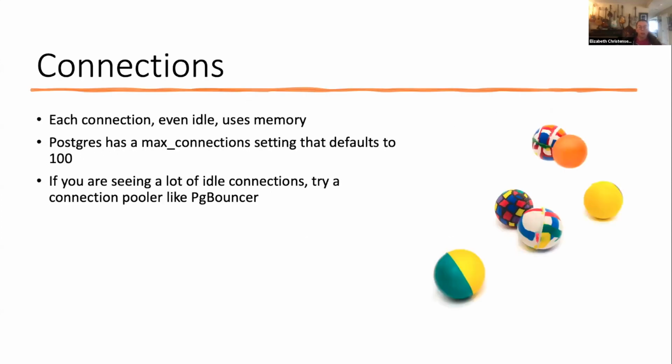I want to talk a little bit about connections. A couple slides back, we looked at that data flow and how things go in and out of Postgres. If you just use Postgres out of the box, each individual connection that comes from your application or from a user uses a connection. Postgres has a max connections setting that's 100.